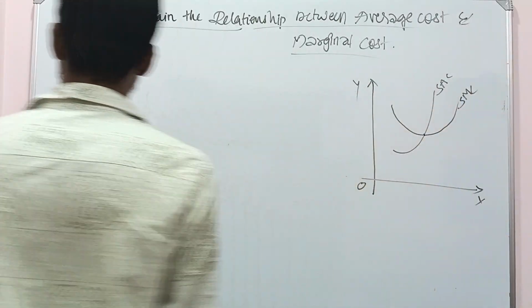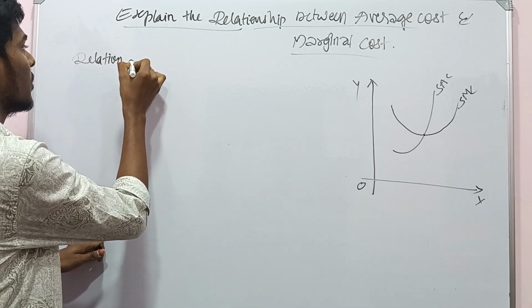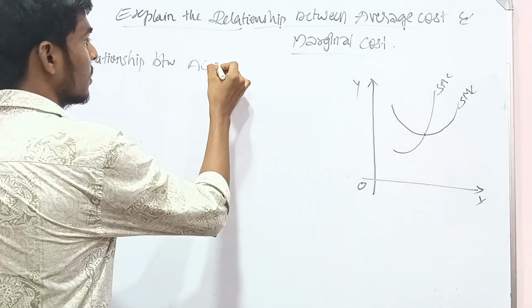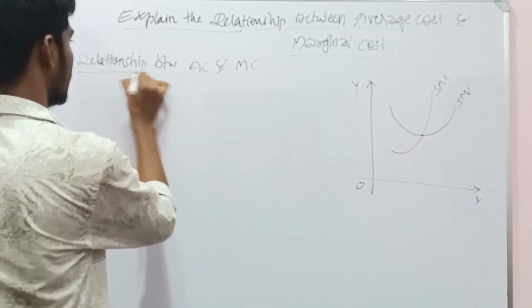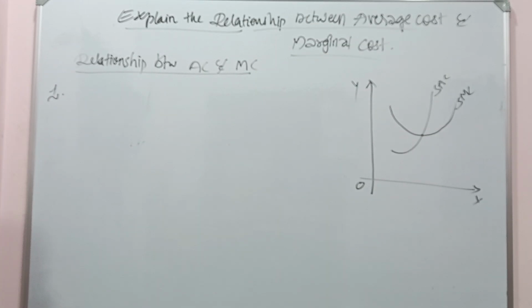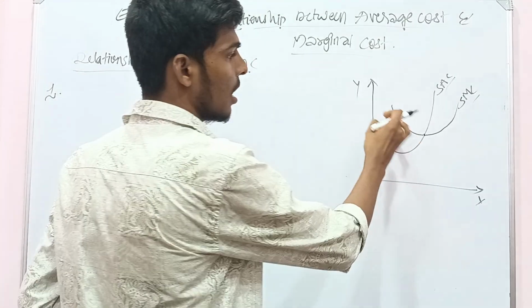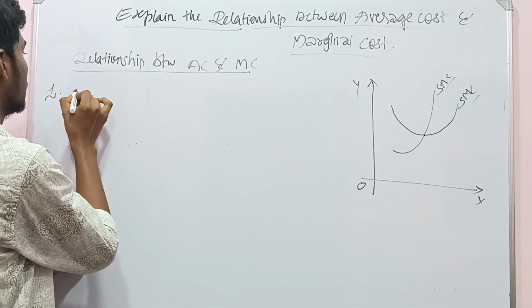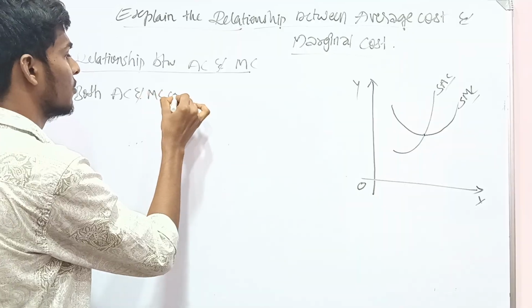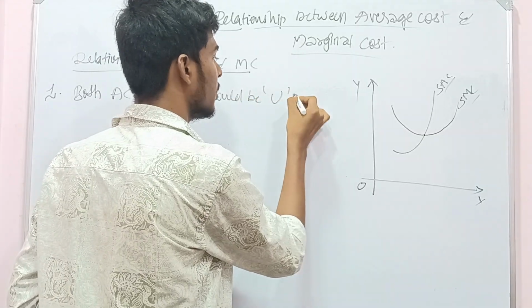Here is the intersecting point. First relationship: both the average cost curve and marginal cost curve are U-shaped.